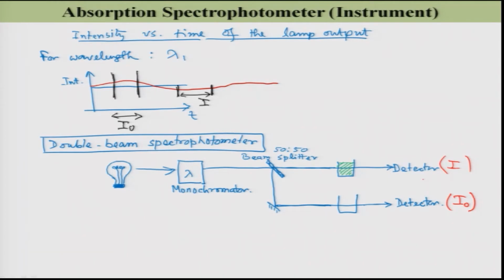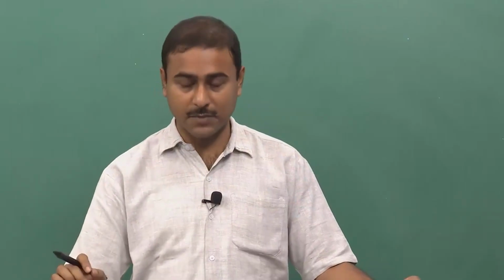If they are not, then there will be a problem in the measurement of this I. Even if the intensity of this light is divided equally in these two different paths, 50% in this direction, another 50% in the other direction, still, take my word, no two detectors in the world behave ideally or in exactly similar fashion.